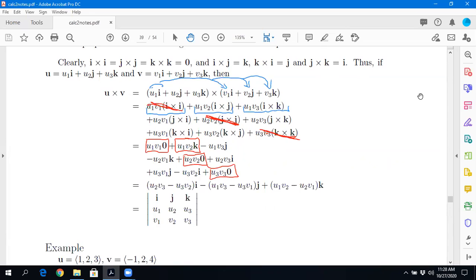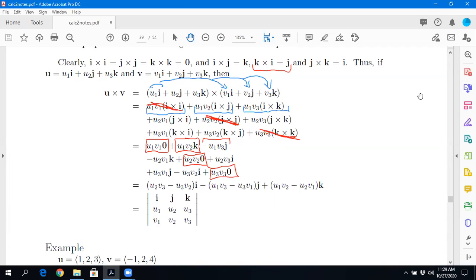And what is I cross K? K cross I is J, that's what we had up here. But what is I cross K? Negative J, which is where this term comes from. There's a negative sign and there's a J sitting right there. Do you see that?